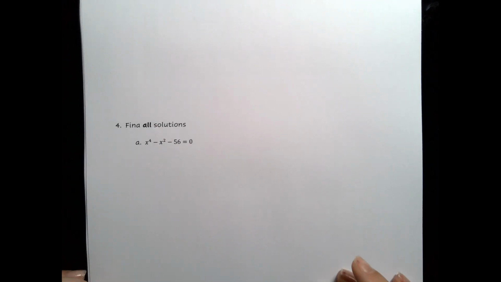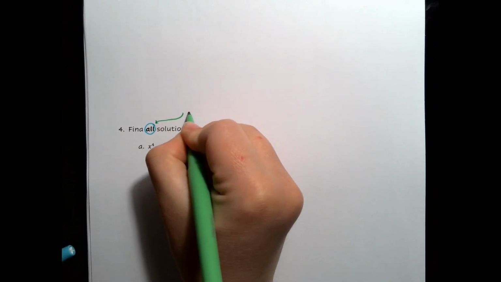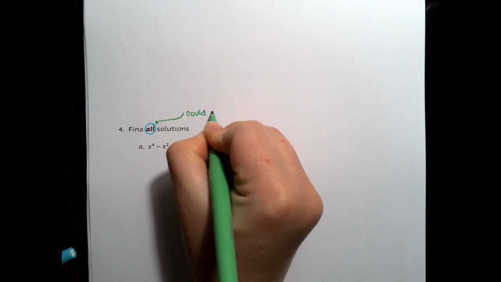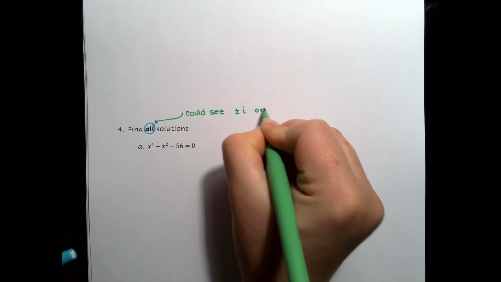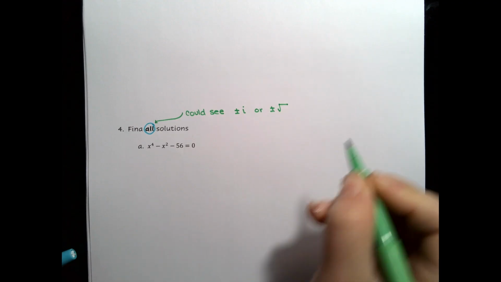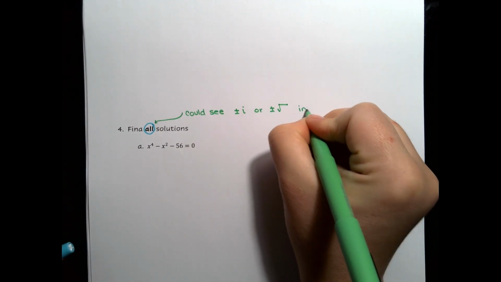Okay, now here, when they're saying find all solutions, that means you could potentially see radicals and i's in your answer, in your roots.